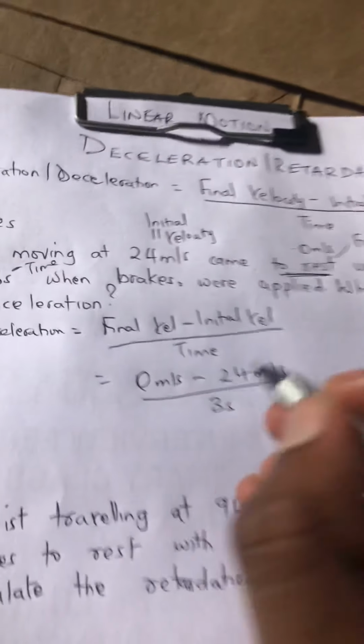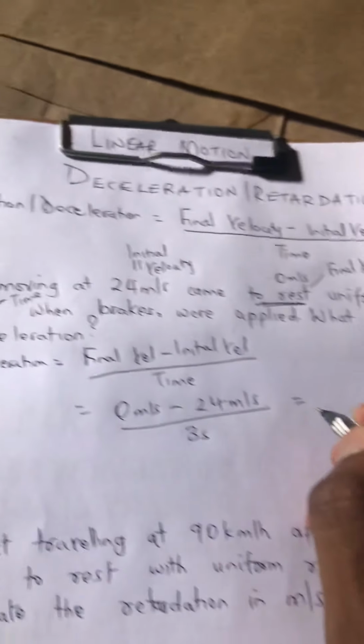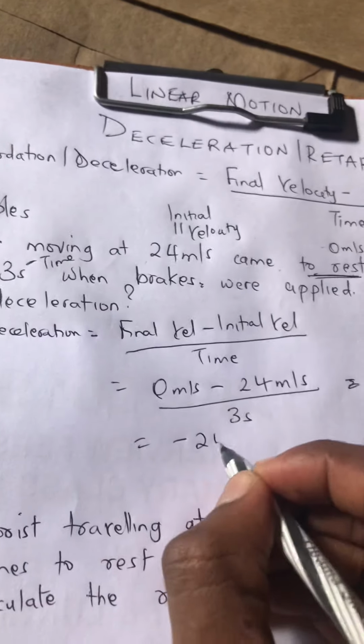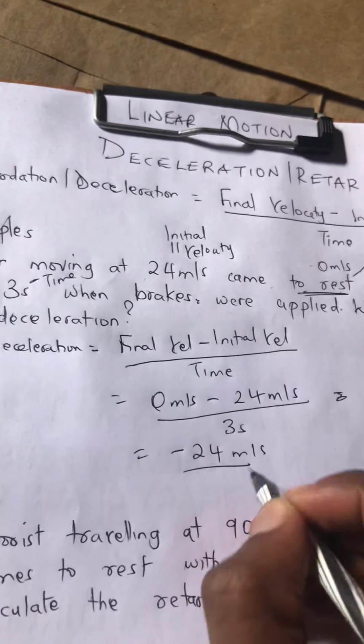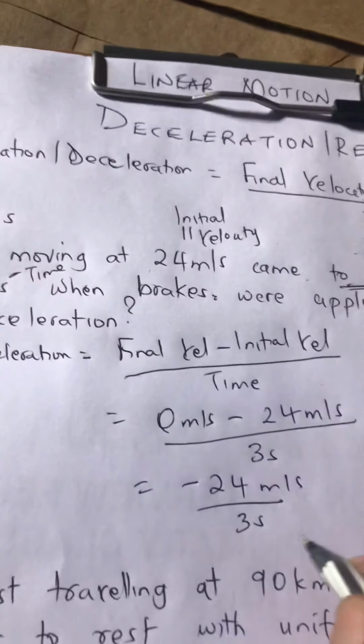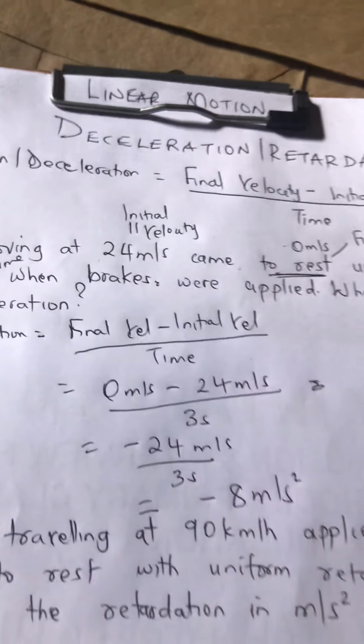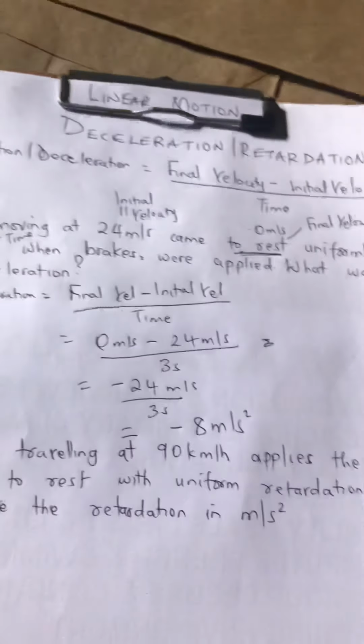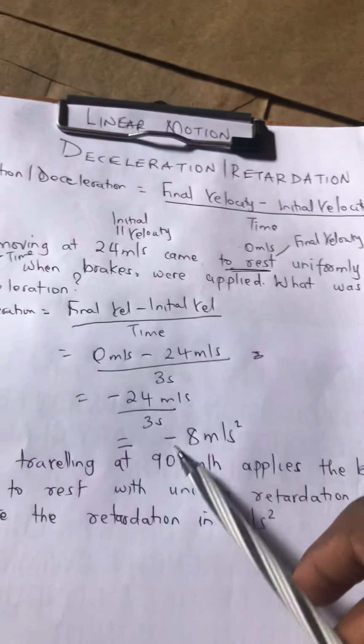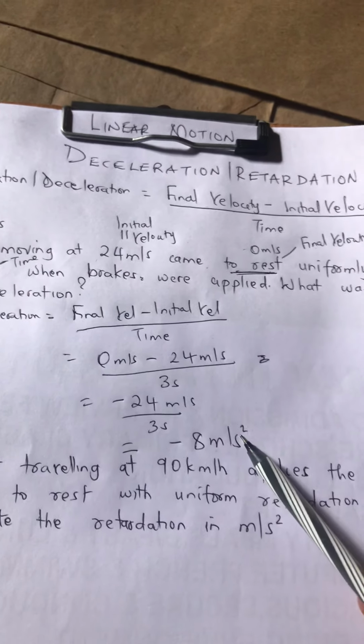The time taken is 3 seconds. So this is 0 minus 24 is minus 24 meters per second divided by 3 seconds. Hii inakuwa minus 8 meters per second square. So our acceleration is minus 8 meters per second square.